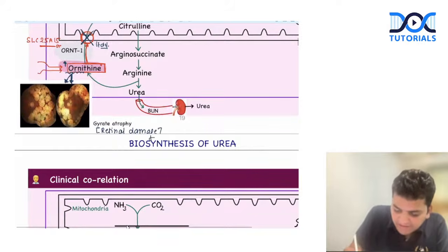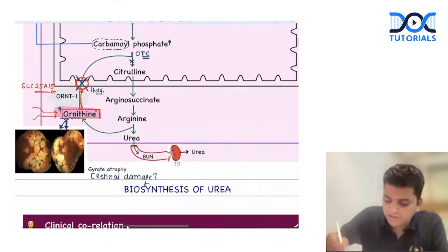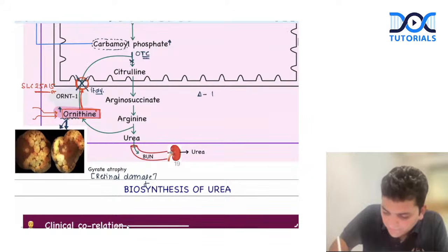And this entire disease is called triple H syndrome. So if the ornithine transporter is not working, it's called triple H syndrome.